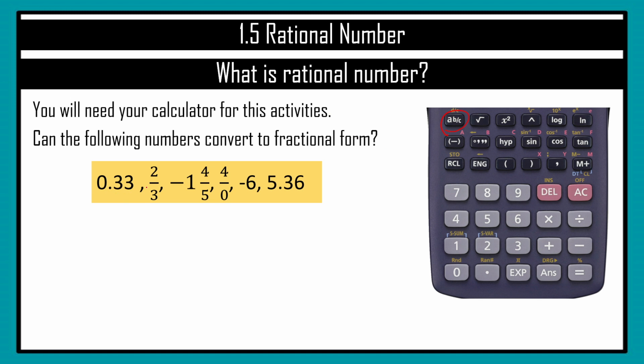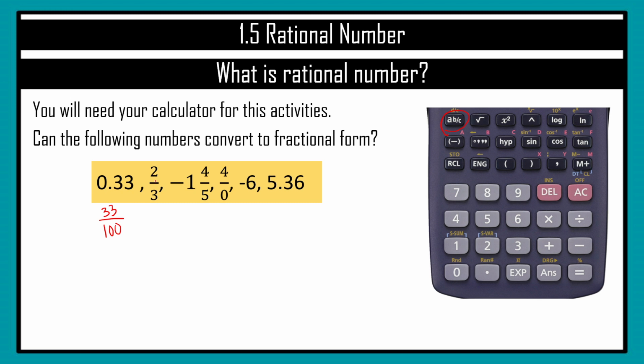On your calculator, you insert 0.33 as normal and then the equal sign, followed by this button. If my calculator is correct, you should get 33 over 100.